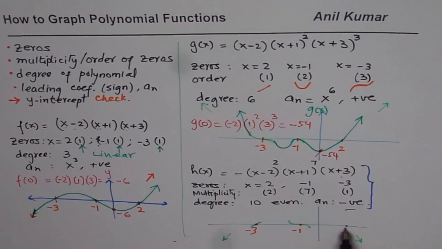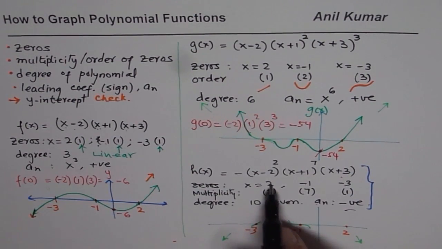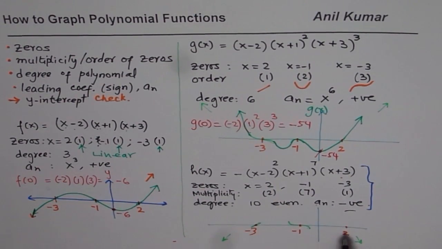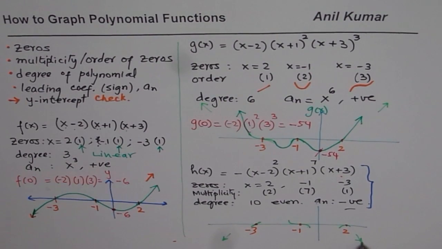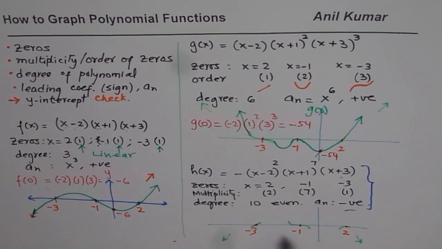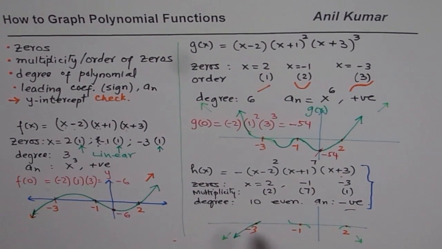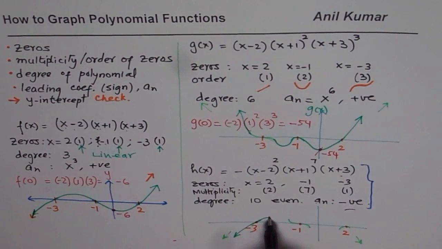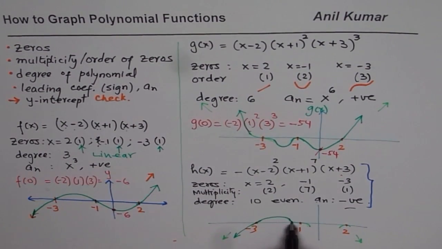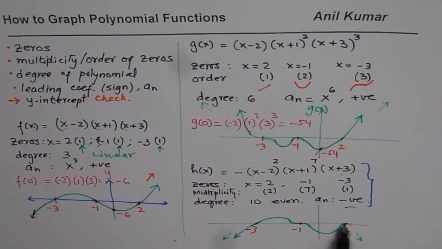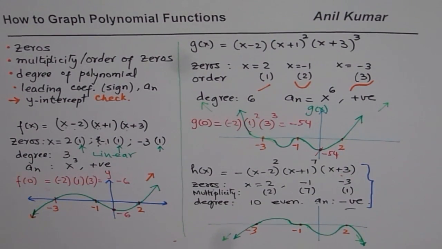And at 2, the order is 2, so it is going to turn back and get to quadrant 4. Perfect. We can now connect these points and sketch a good graph. So we have this as our function on that side, and then we can have this connecting here. So we go like this and then turn again at 2. That becomes the graph of the function.